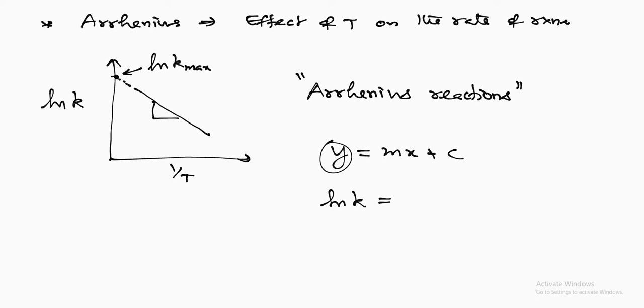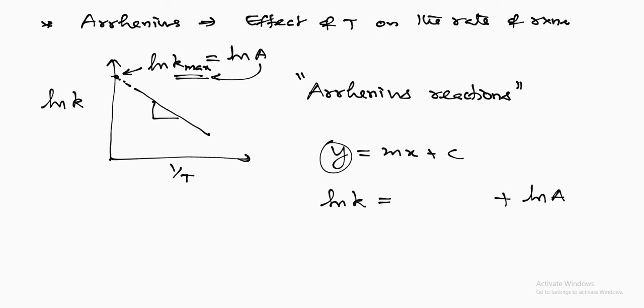For this ln k max, Arrhenius gave a symbol: he replaced k max by a term called A, so ln A is the y-intercept. A is the maximum rate constant that is possible for a given chemical reaction.